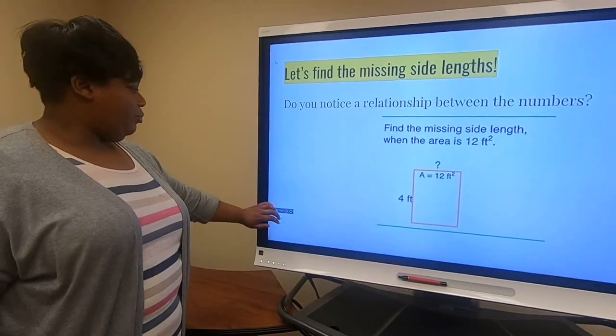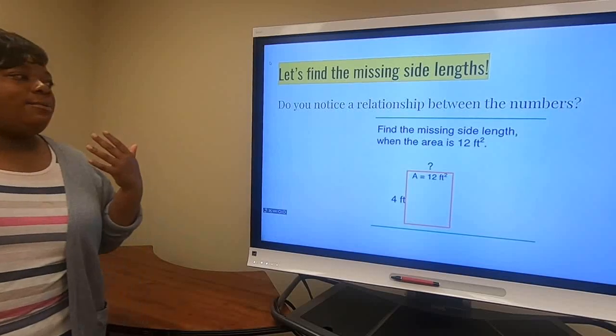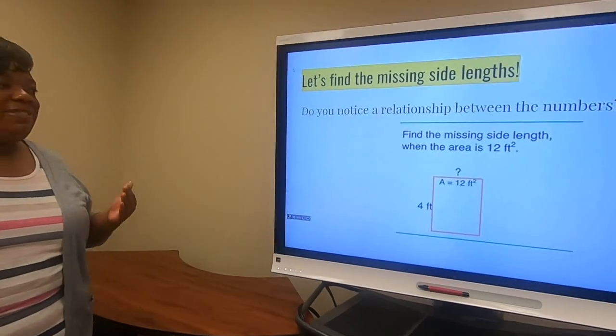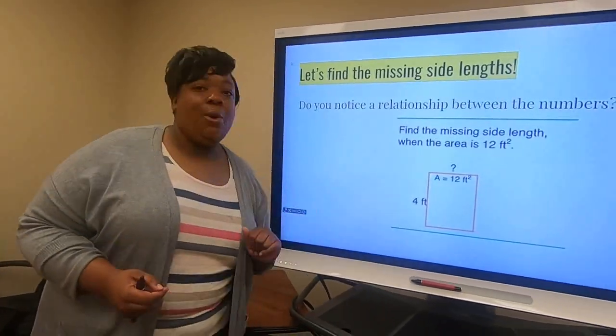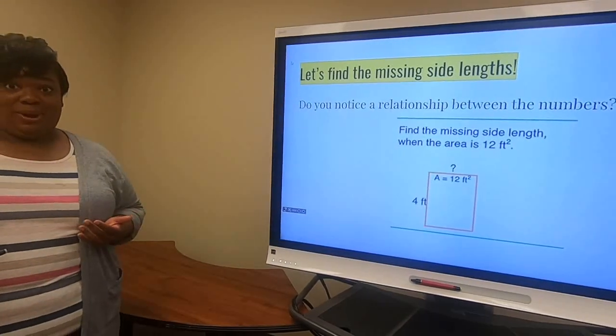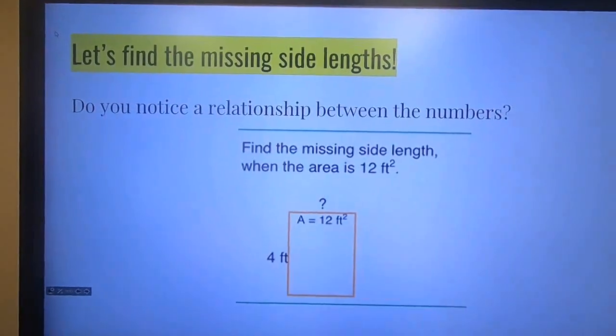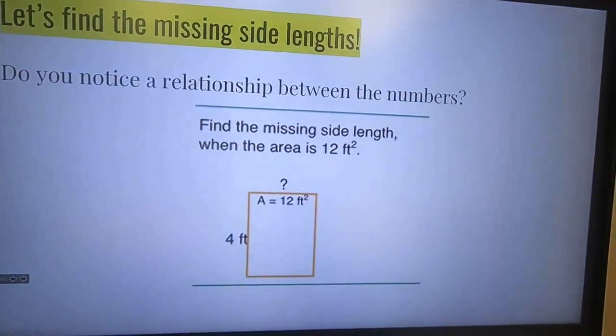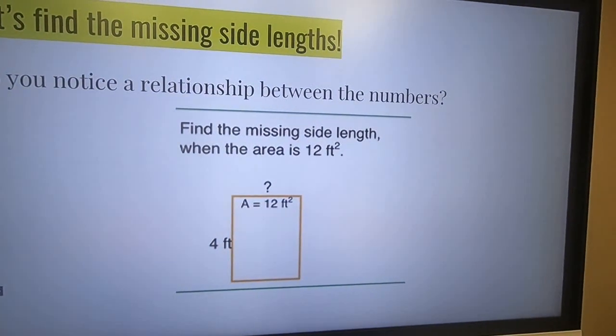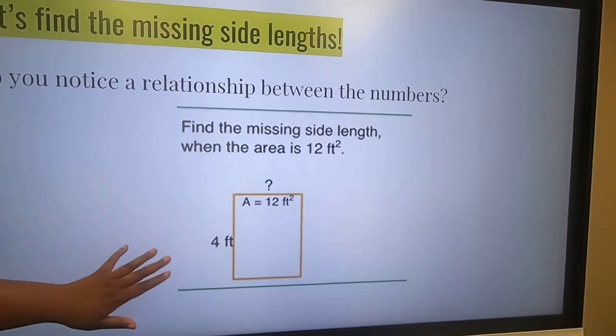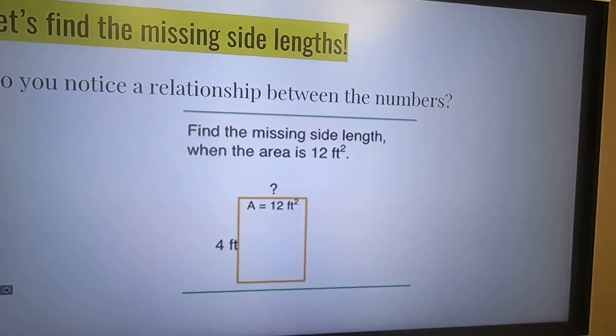Now, let's assume that we have the area now and we're missing a side length, okay? So let's look at what we have. I have the area of 12 square feet, and they actually gave me the long side, my length of 4 feet, okay?